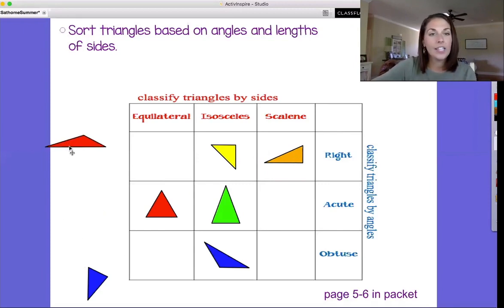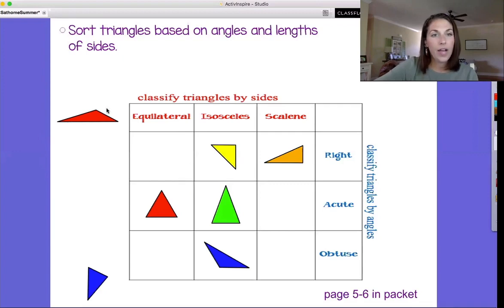All right, let's look at this one. Okay, so I see the length of this side is definitely shorter than the other 2 lengths. And then this side is a little bit longer, and then the longest would be this side on the bottom. So I think that there are no equal sides here.